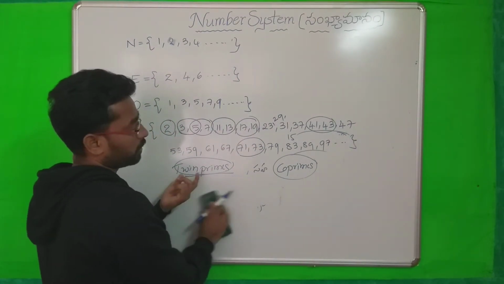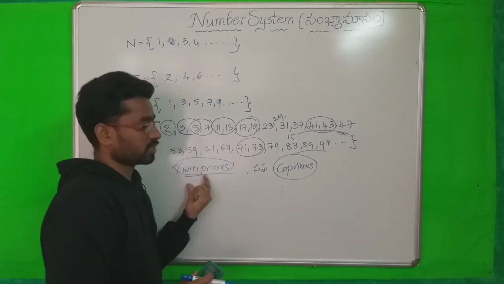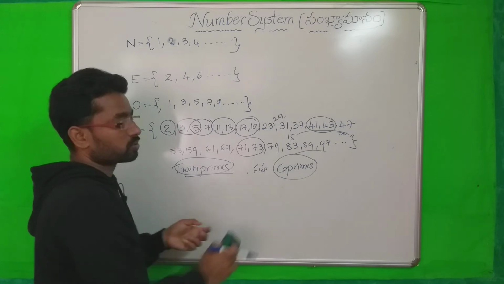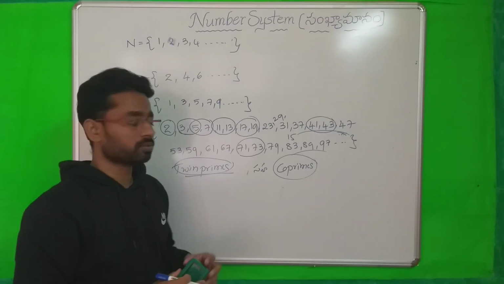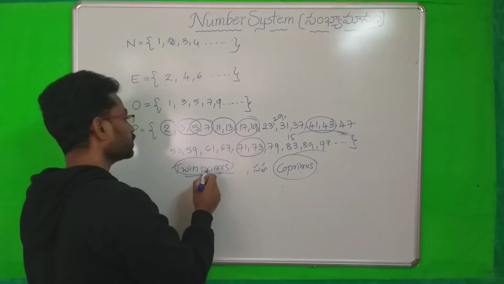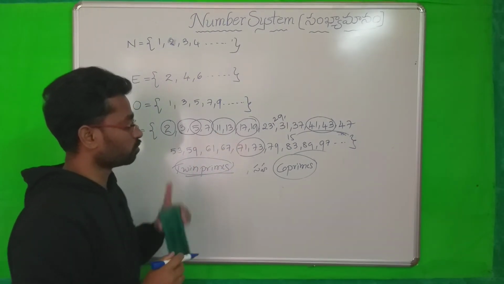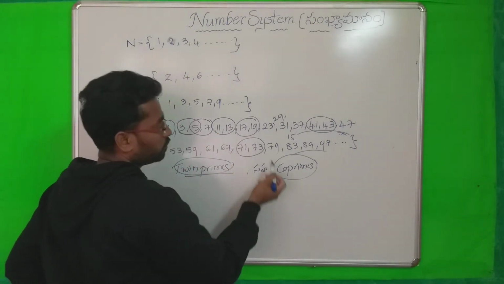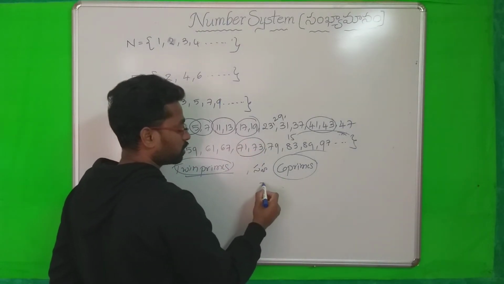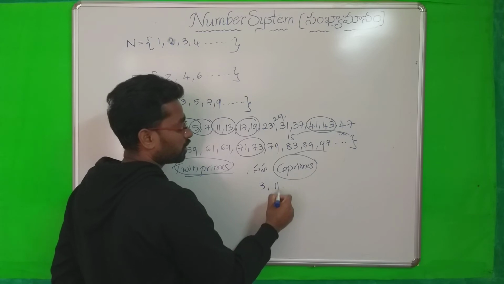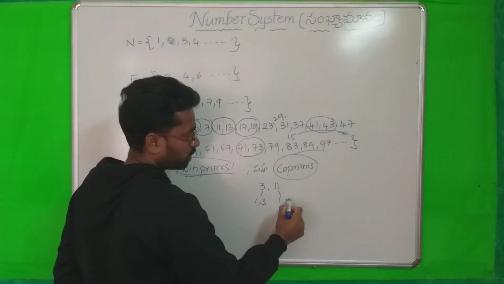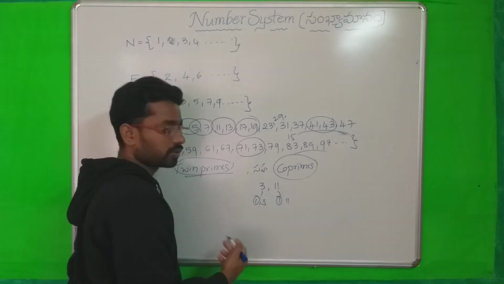So twin primes, co-primes, kavala pradhana sankhyalu, saha pradhana sankhyalu. Okay, co-primes need not be primes, but twin primes should be primes and the difference is 2. You have to remember like that. And if you take any two primes, they will be co-primes, because 3 and 11 I have taken. Their factors, you know, 1, 3, here also 1, 11, the common factor will be 1 only.